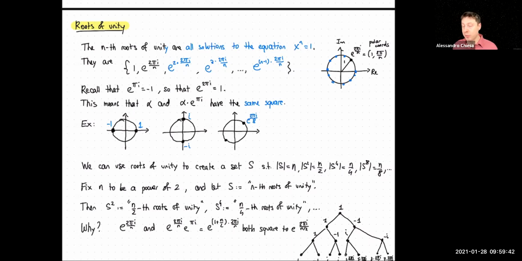It's 1/8 of the full circle. And so it's paired up with another root of unity that squares to the same element. Who is it? So I have to add a half circle. So I'm adding pi, right?